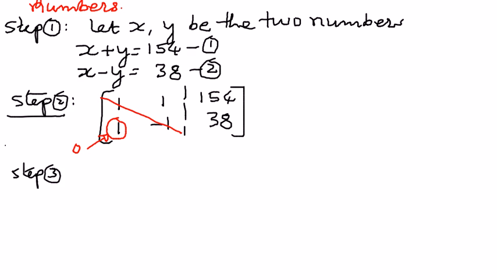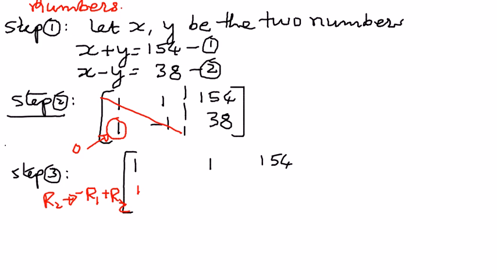To perform the row operations, we keep the first row, 1, 1, 154, and the new R2 is going to be equal to negative R1 plus R2.